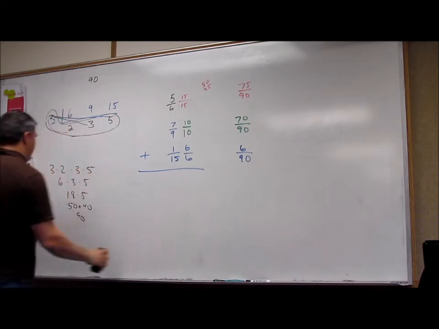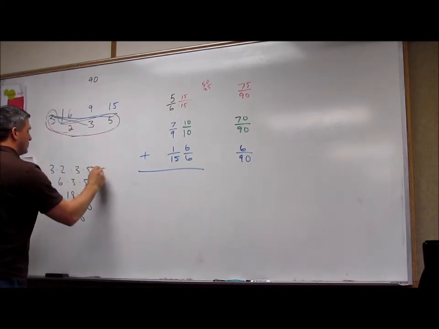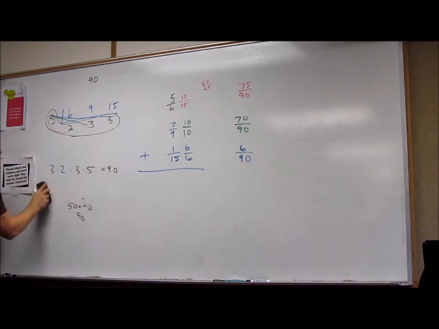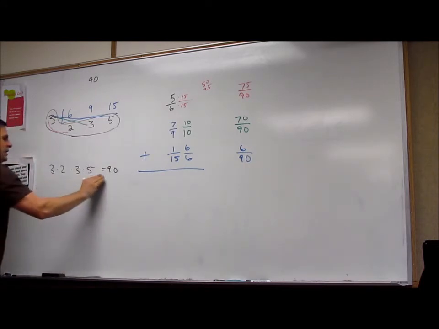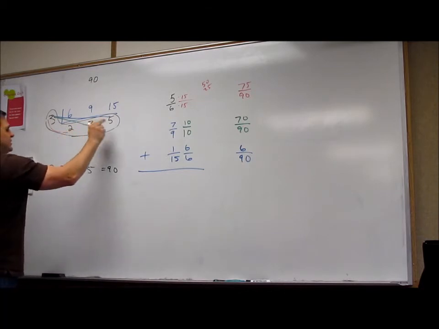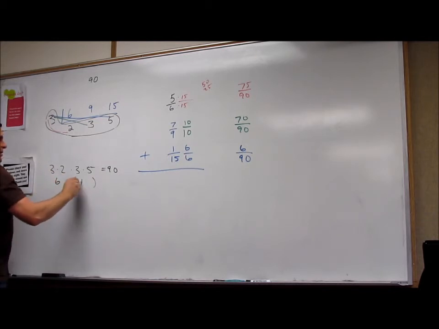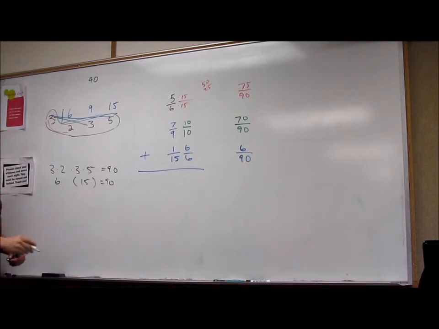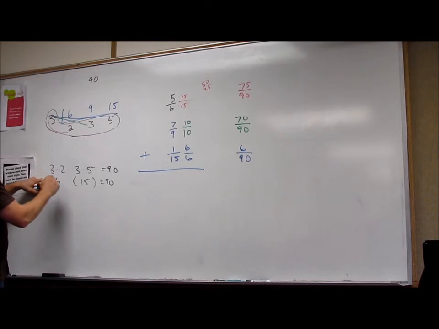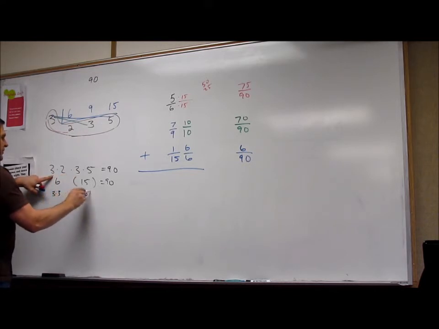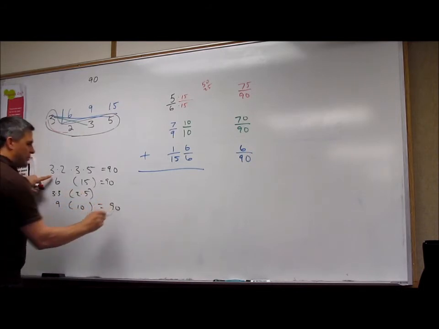My LCM is 90. Let's erase this part. My LCM is 90. It's just this number times this number times this number times this number. And what I said was 6 times 15 is 90. And then I said, well, wait a minute. These two numbers, or 3 times 3 times 2 times 5, which is 9 times 10 is 90.